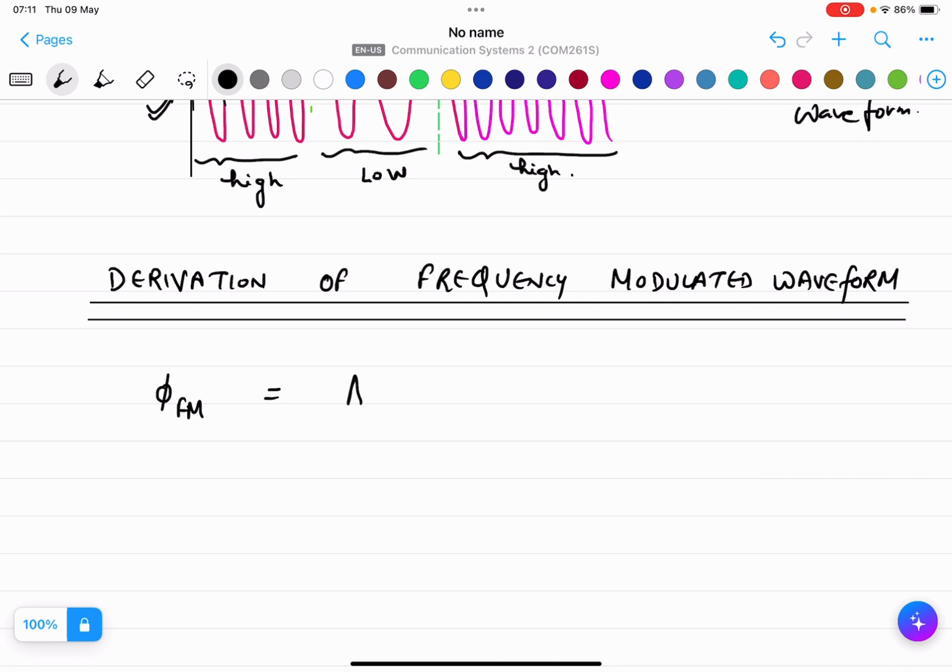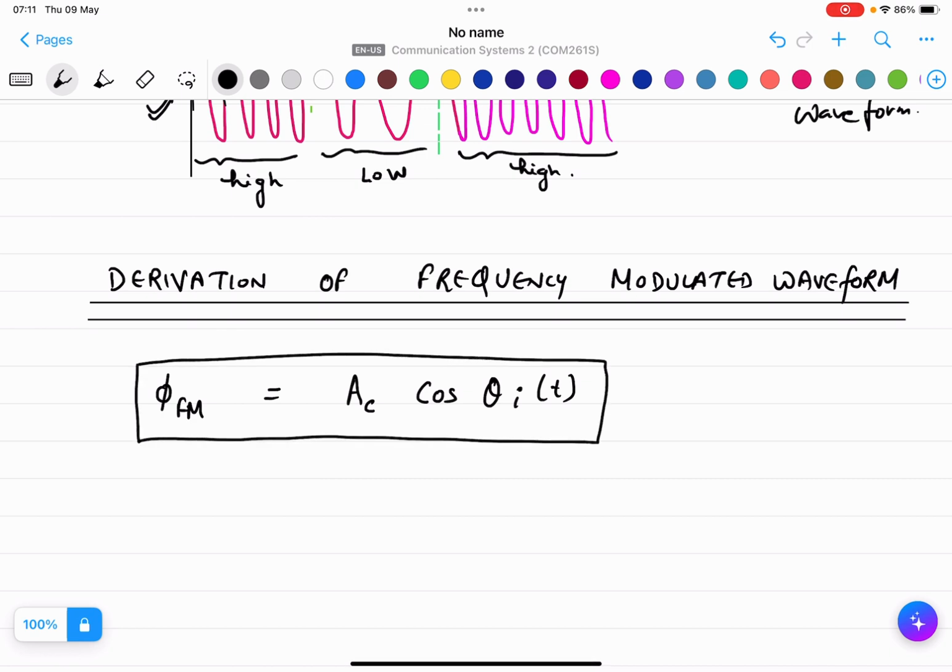So it will be A_c, the amplitude of the carrier wave, cos theta_i(t). So I can denote it with theta_i, that will be better. So it is theta_i(t). Okay, because the frequency is changing, that's the equation of the frequency modulated waveform.